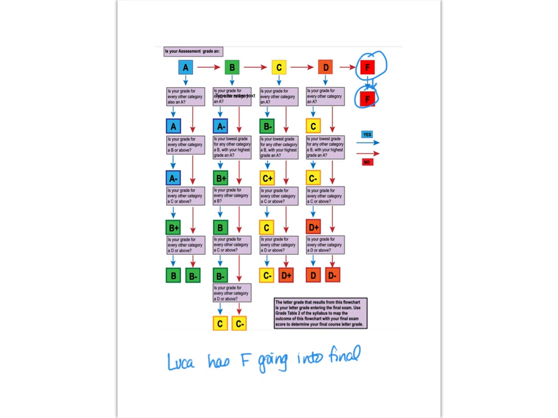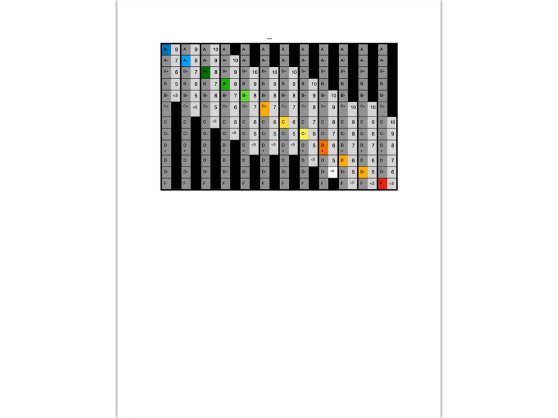And let's see if he can pass or what's the highest possible grade he could get. So here we are going to be concentrating and starting right here. And you actually see that if he got a 10 out of 10, he could get a C on the final.